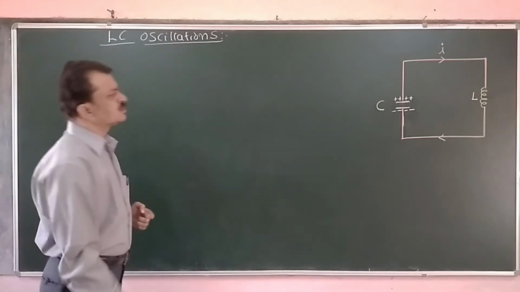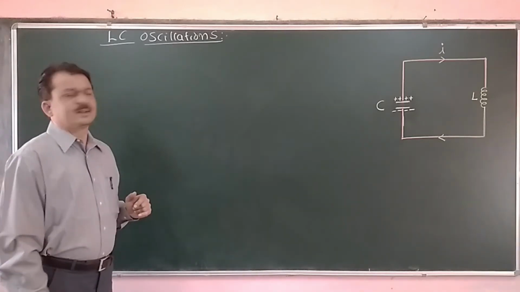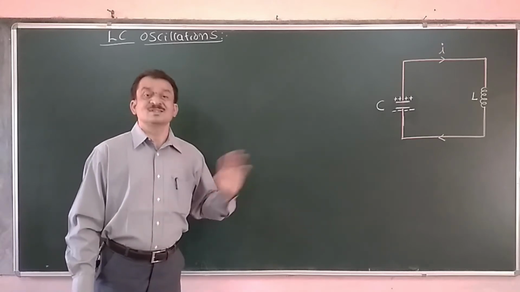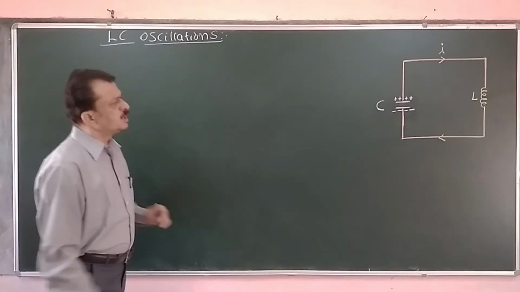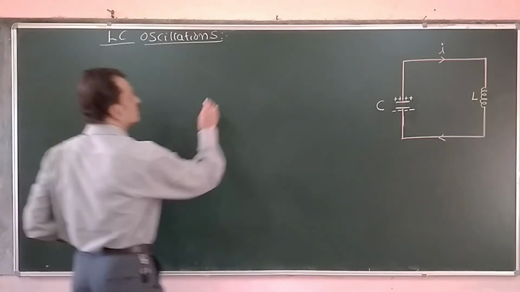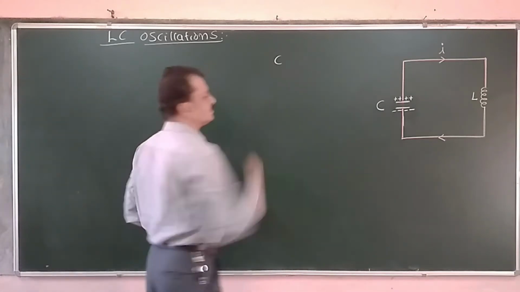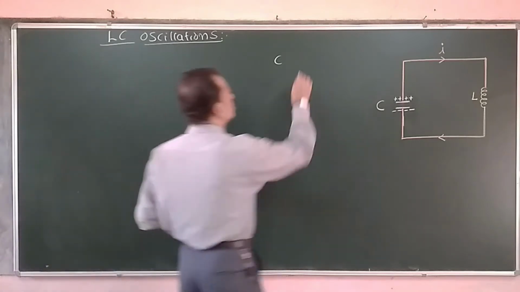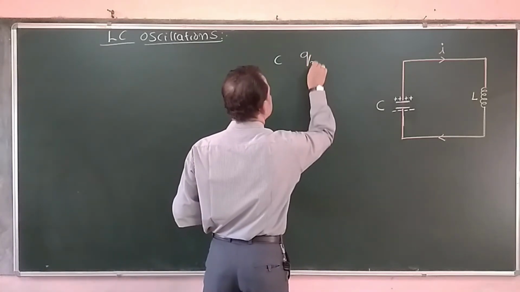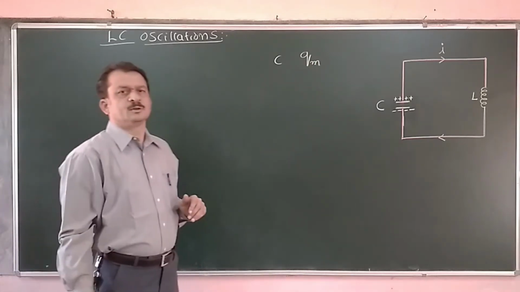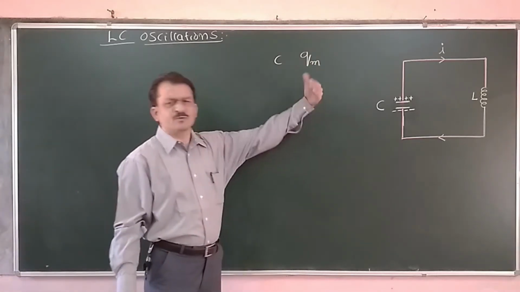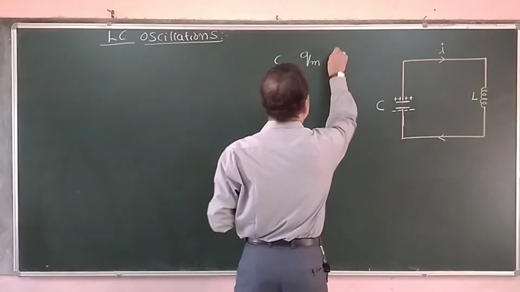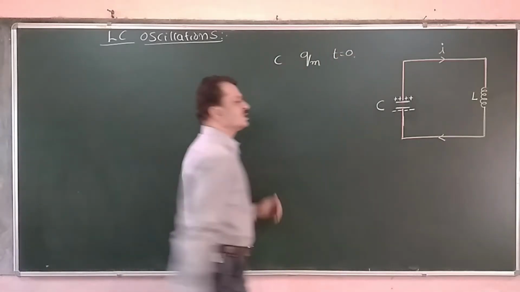Okay. Now we will study how this LC oscillation exhibits oscillations. Let me consider a capacitor of capacitance C. Initially it is fully charged with a maximum charge Qm, at time t equal to 0.